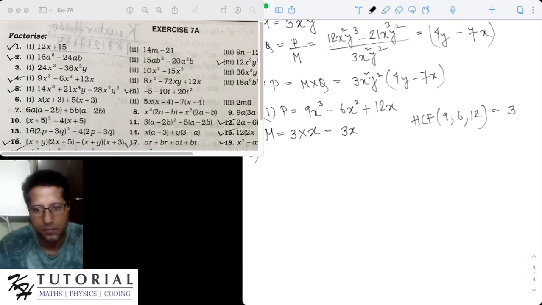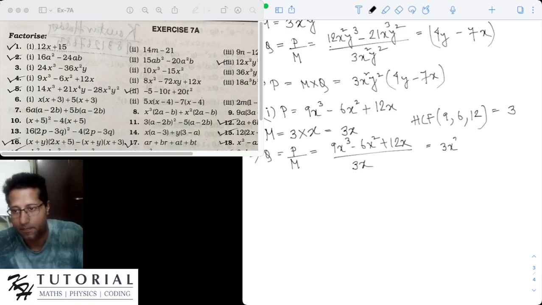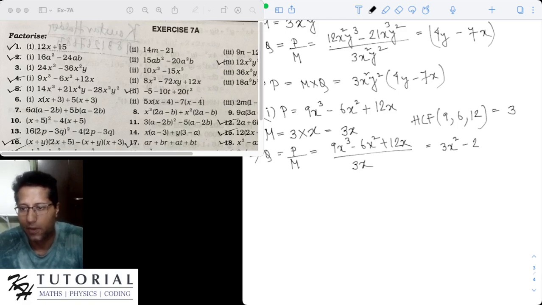So now we will find q, that is p, the original polynomial, divided by the common factor: 9x cube minus 6x square plus 12x divided by 3x, which is equal to 3x square minus 2x plus 4.